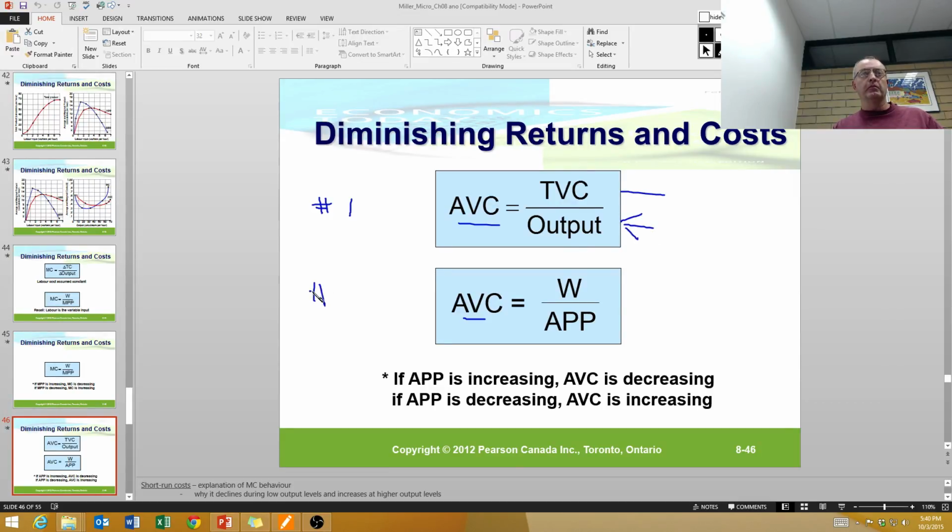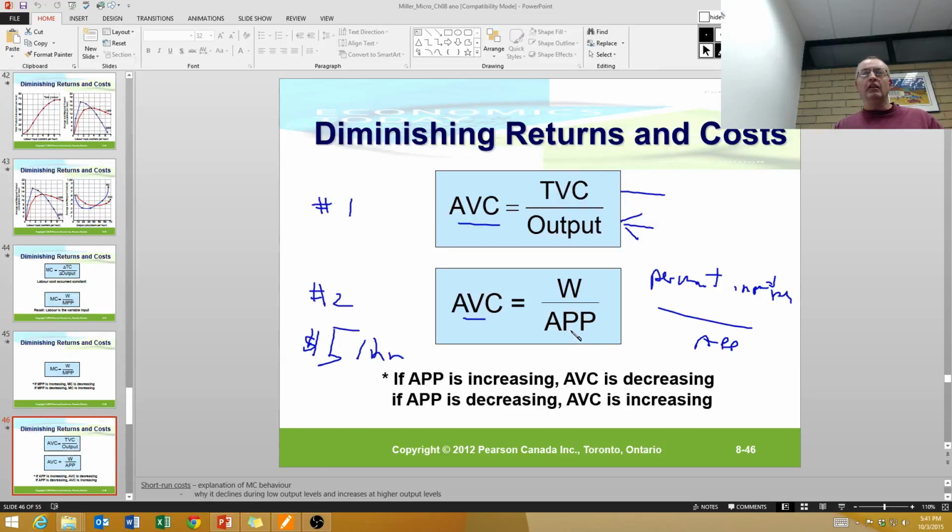Or formula number two, it's the per unit input price divided by average physical product. So again, in our example here, we're using labor as the input, and we're saying the price of labor is $5 per hour.